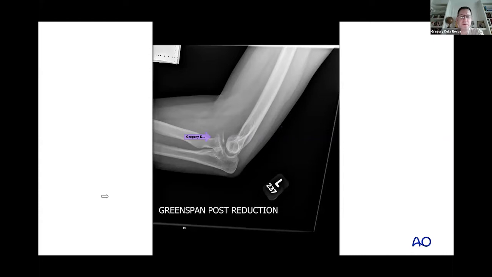The junction between the radial head and the radial neck inferiorly, or towards the bottom there on the X-ray, looks a little bit more normal, but on the top, it looks like it's been squished in.